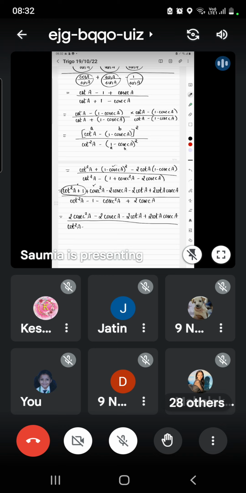That will be easier for everyone to understand. So instead of this cosec square A, I am writing 1 plus cot square A. Now you understood why I left this question in the beginning, right?